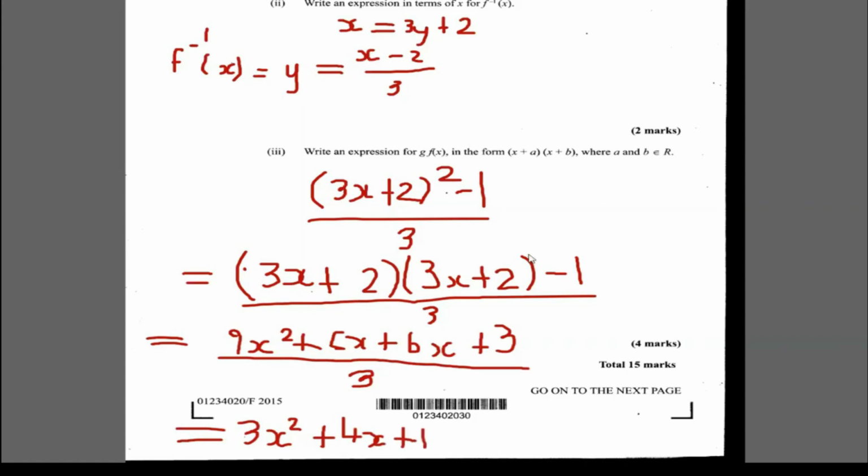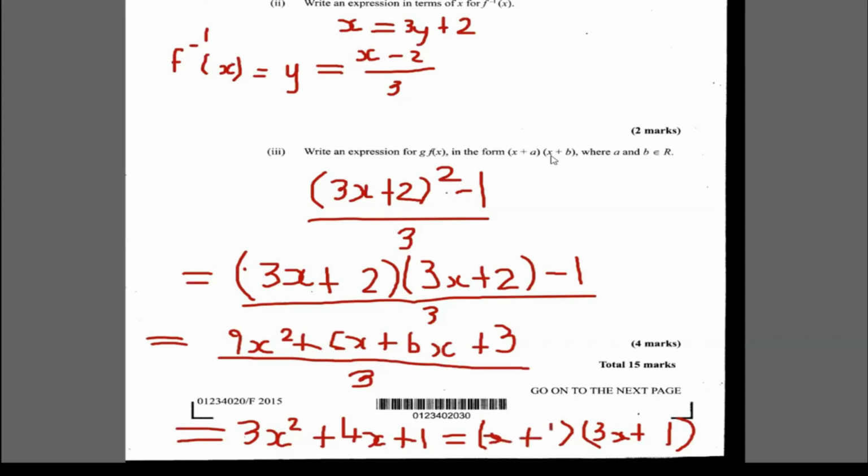So this works out to be, let's write it in the form x plus a times x plus b. Due to lack of space, I want to write it as 3x plus 1 times x plus 1.